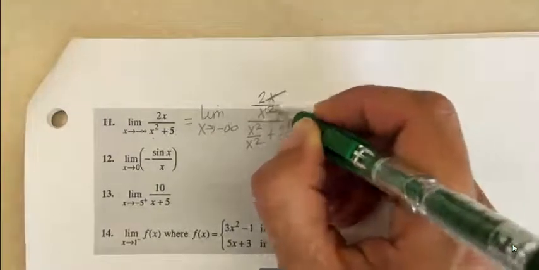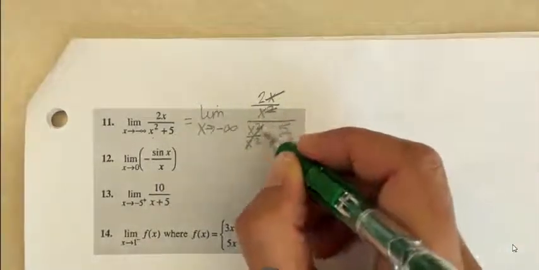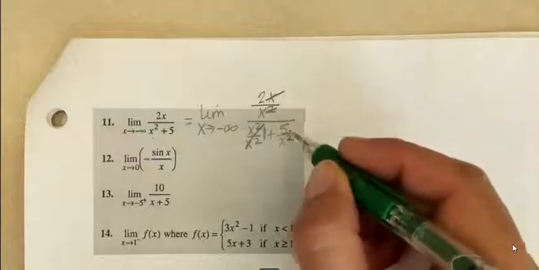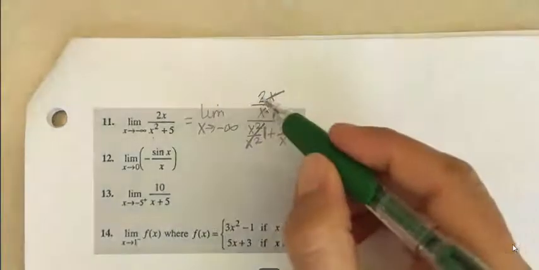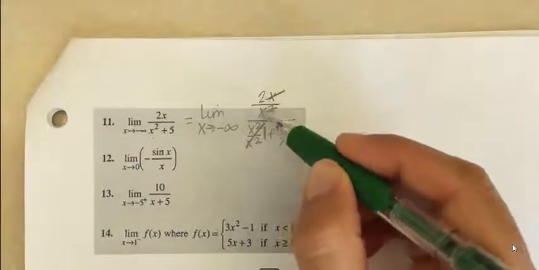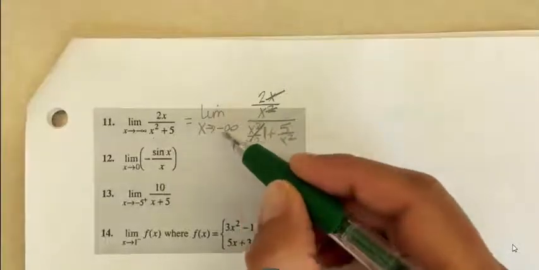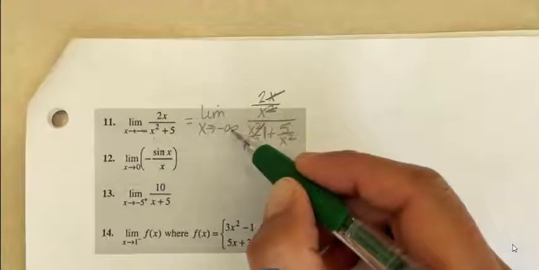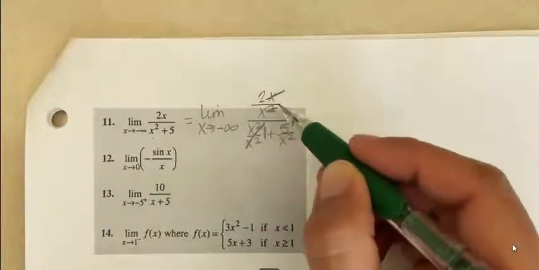This reduces, so now I've really got 2 over x. This one reduces and just becomes 1, and then I've got 5 over x squared. This takes us back to what happens when you have a constant divided by a variable x that's going to some really, really large or really, really small number. As that's happening, this whole thing ends up going to 0.